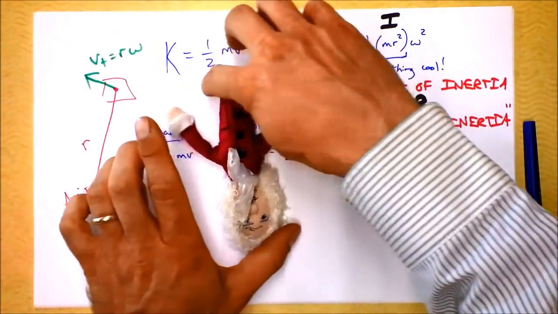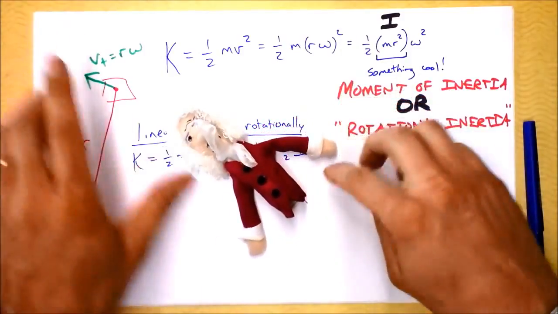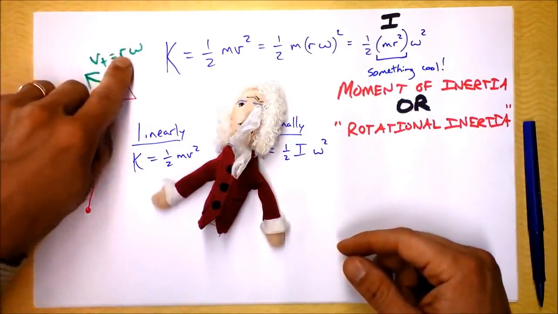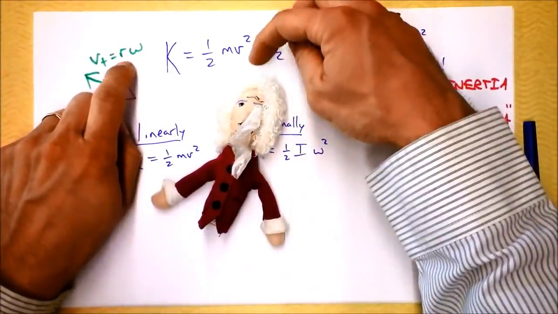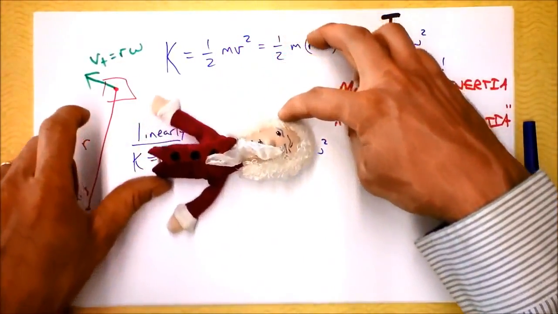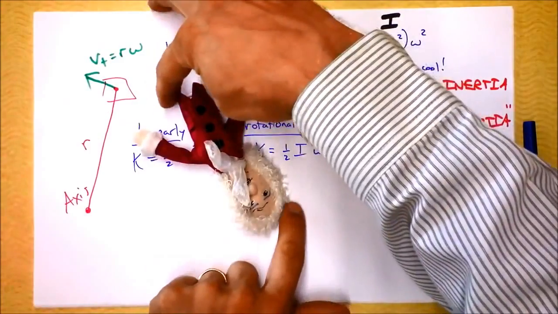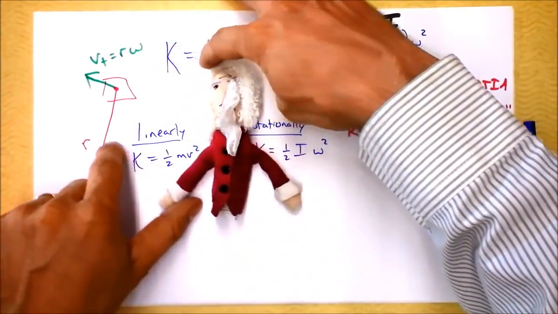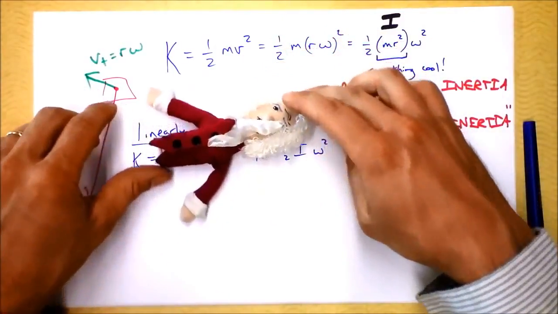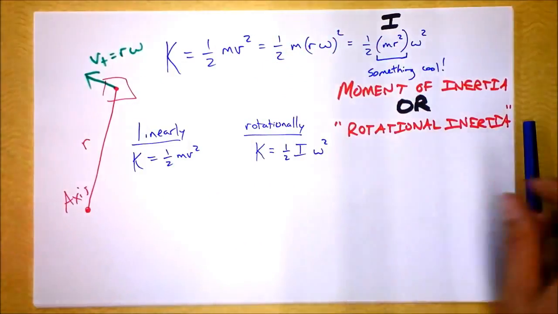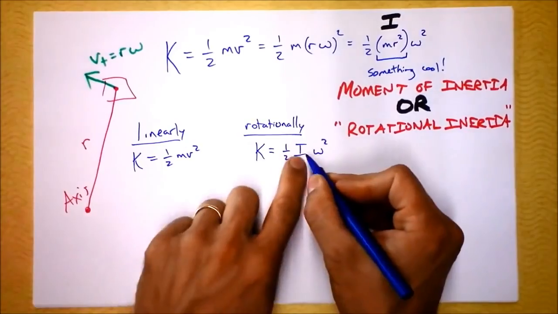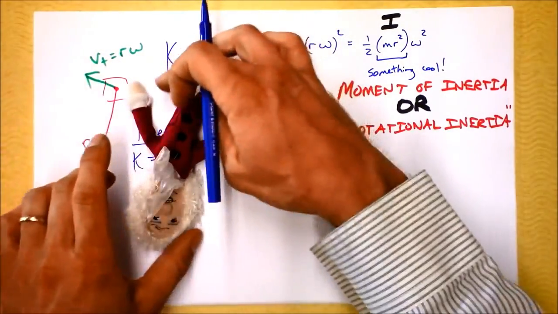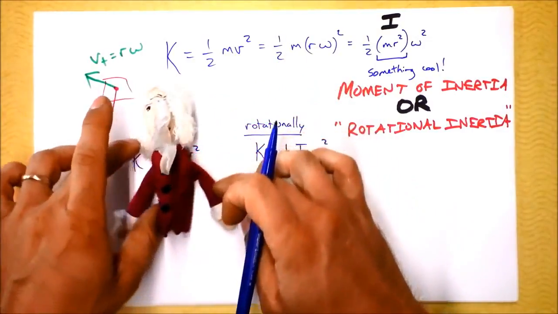Not all the same linear speed, because r is different. So Newton's hair is moving faster than Newton's bow tie, but all of Newton has the same rotational speed. That's that omega. So if we can find this I in principle for a larger object, then we can define the energy that's present in something that is spinning.